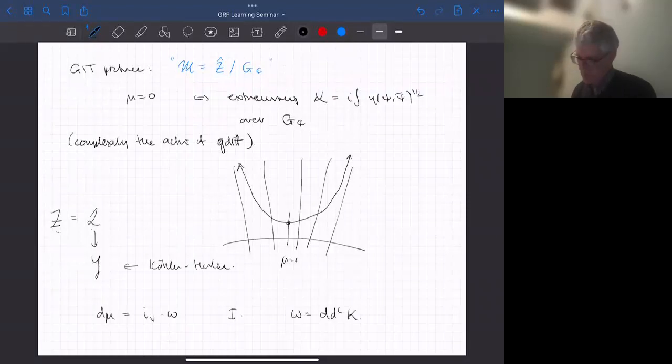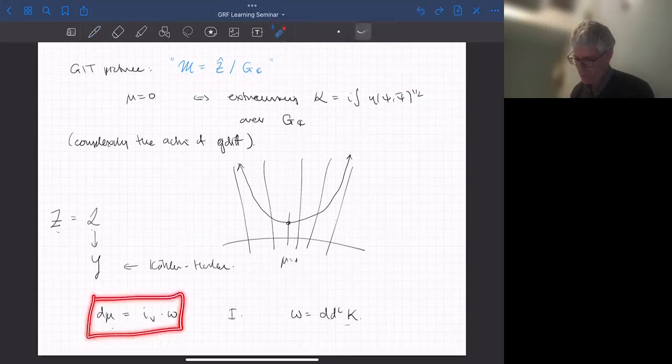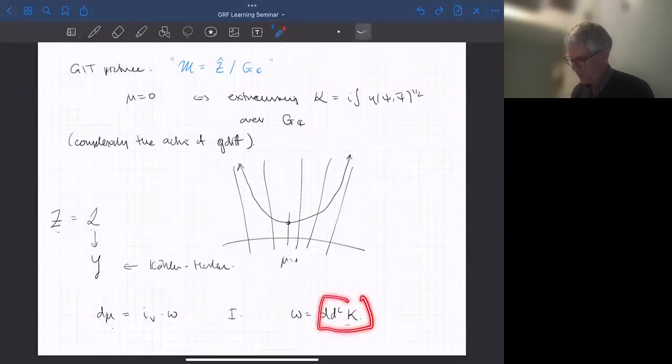And just using that information, you can show that setting the moment map to zero is the same as extremizing this. It's roughly, you pull one derivative off here to set mu to zero. That's like pulling one derivative off here, so that's like setting derivatives of K to zero.